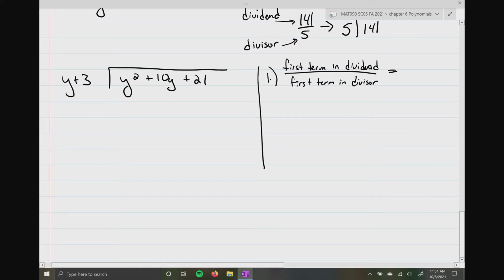All right. So step 1, you're going to take the first term in the dividend. Megan H., what is my first term in the dividend? Y squared. And I'm going to divide that by the first term in my divisor. Megan H., what is the first term in my divisor? Y. And when I divide those two things together, what do I get? Y. Perfect.